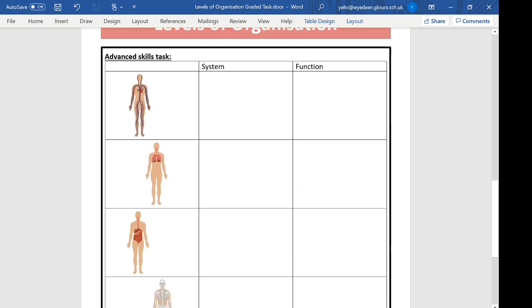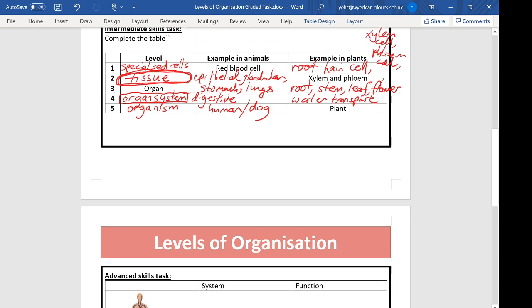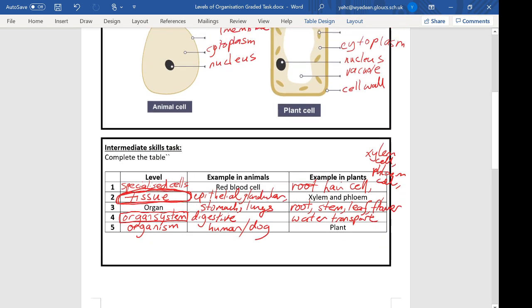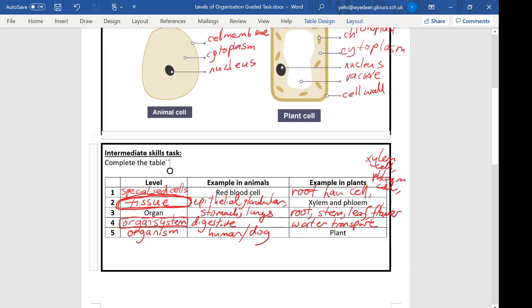Okay. Any questions about, yes, plants do have a gas exchange system. Well done, Fionn. Spot on. Yeah, gas exchange system as well, because they obviously take in the carbon dioxide and let out oxygen.